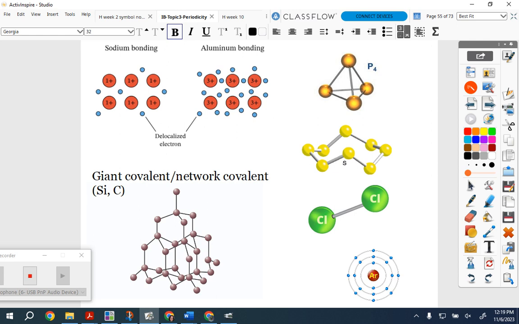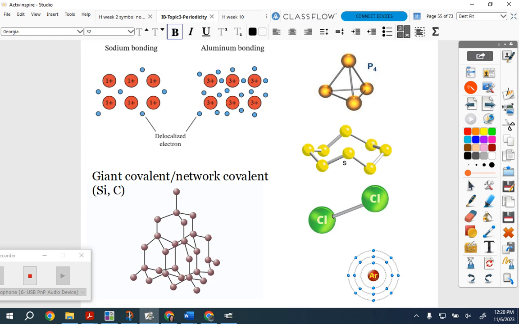And this is just a picture that could be either diamond or one of the forms of silicon, forming these tetrahedral arrays, this big network. And that creates a stronger structure than either the metallic system or individual molecules sticking together, all right?